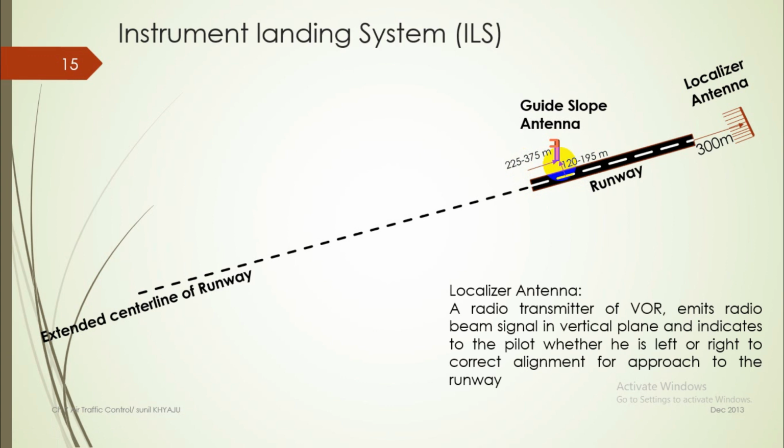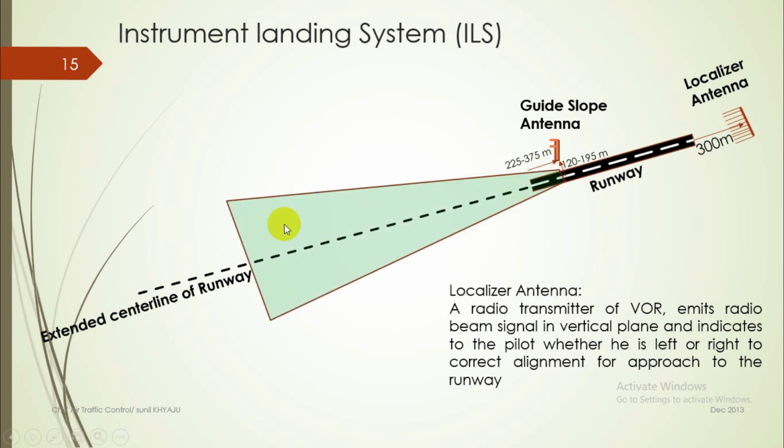Localizer antenna. The localizer antenna is a radio transmitter of very high frequency omnidirectional range and emits a radio beam signal in the vertical plane and indicates to the pilot whether he is left or right of the correct alignment for approach to the runway.